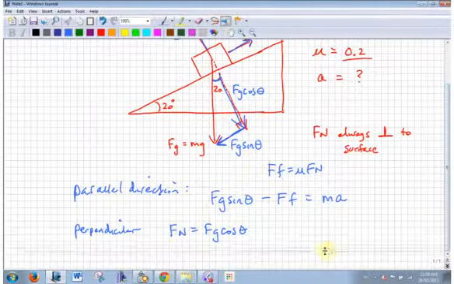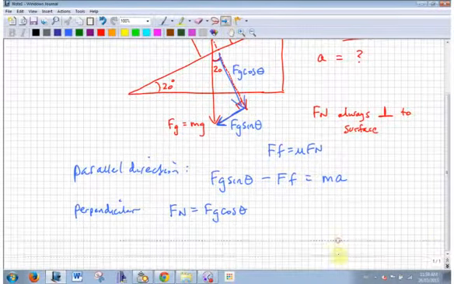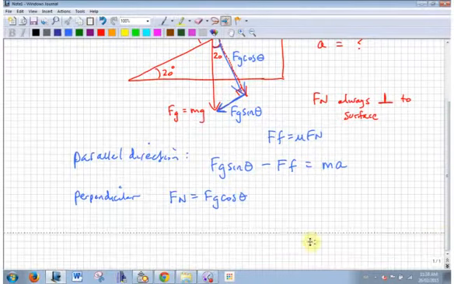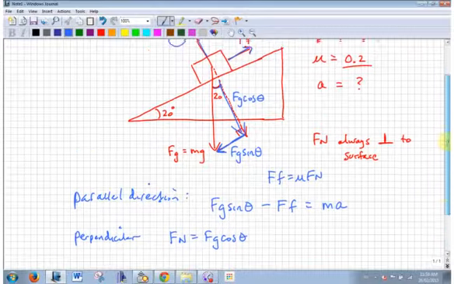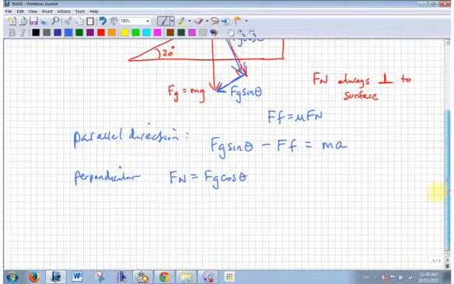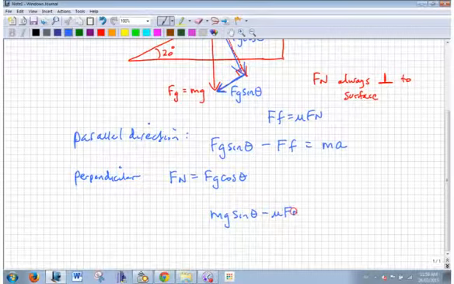So make the page bigger. How do I solve for this thing? Fg, I know, is mg. So I got mg sine theta minus force of friction, which is mu Fn, is ma.